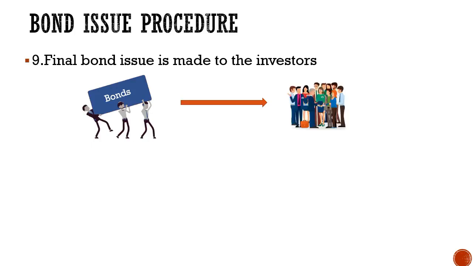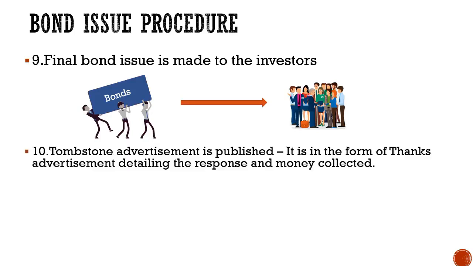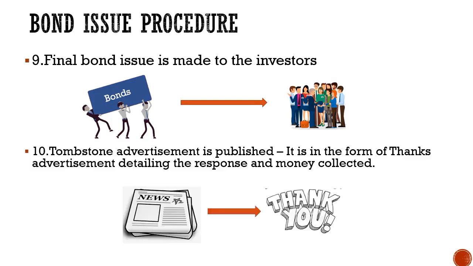So in this step, the bonds are actually issued to the investors. And lastly, a tombstone advertisement is published. It is basically in the form of a Times advertisement, detailing the response and money collected. So this was in simple terms the issuance procedure of bonds.